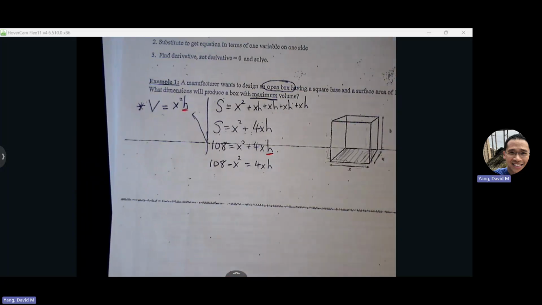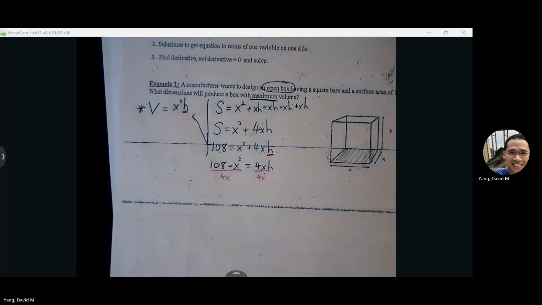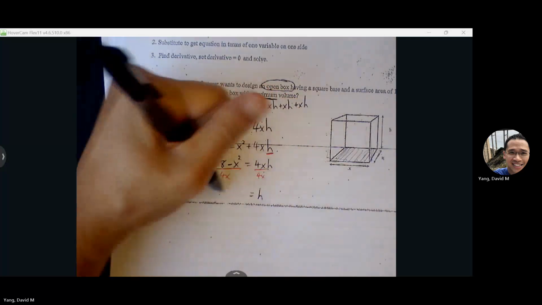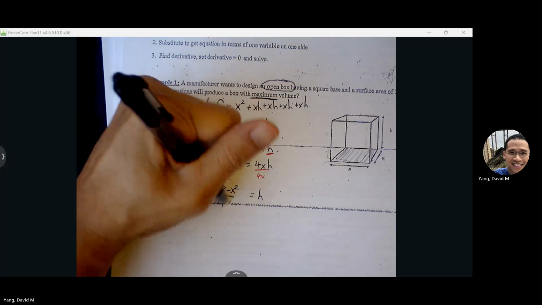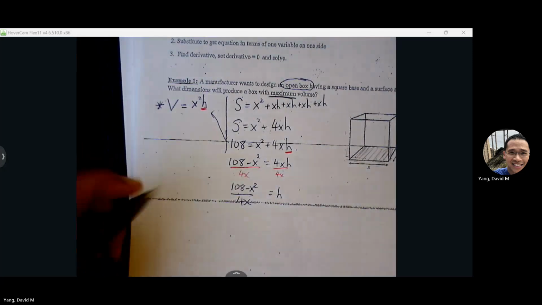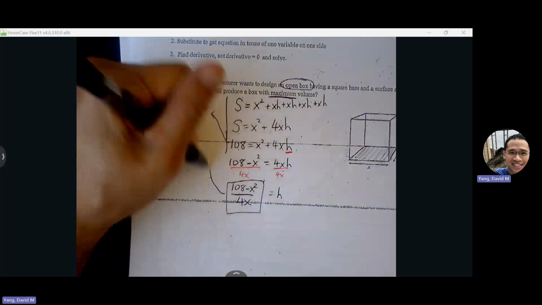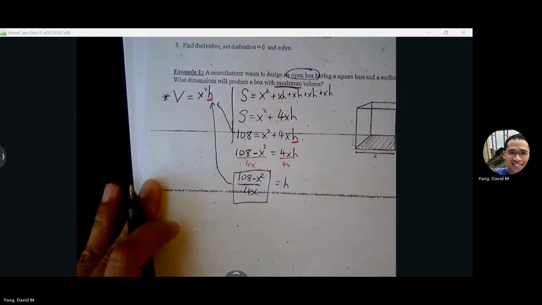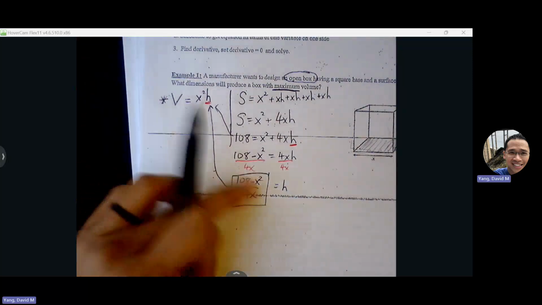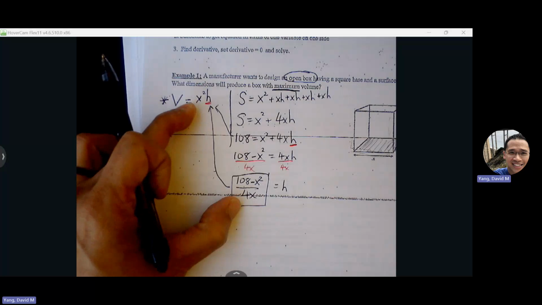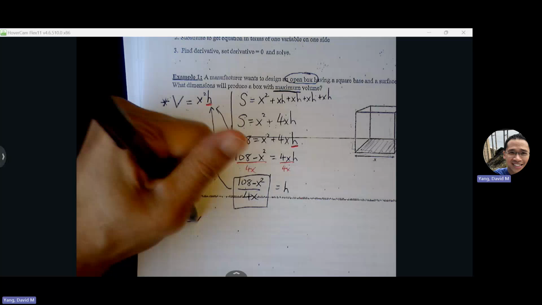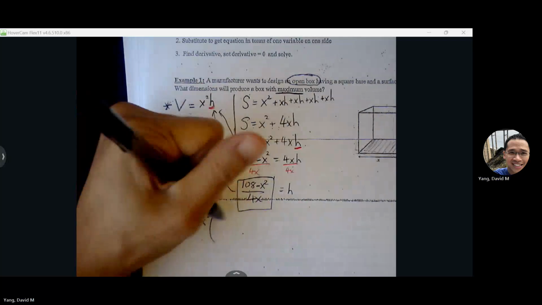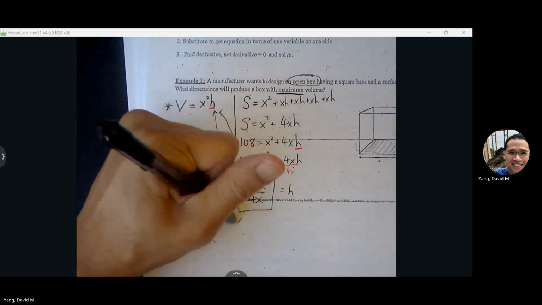All right, to solve for h, I'm going to divide both sides by 4x. So now this is my substitution for h. I can replace that h in terms of x, and then I can get my volume equation down in terms of x, and now I can think about how to get my derivative to work out.